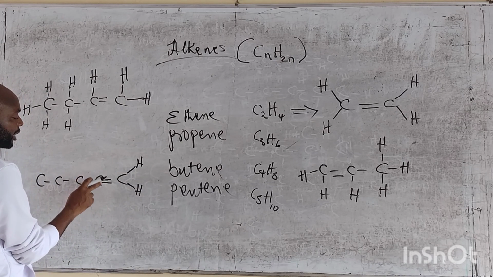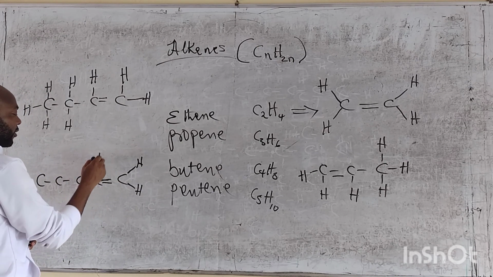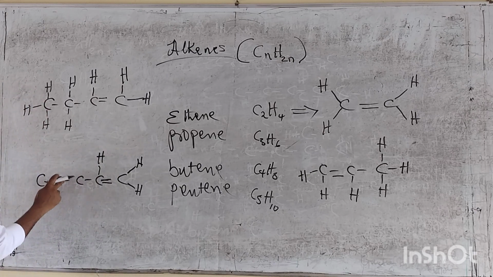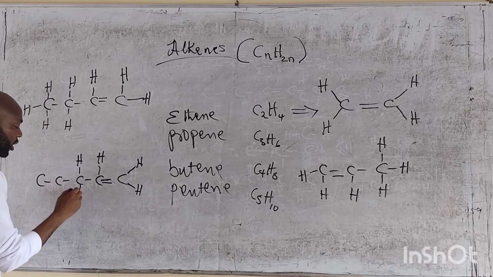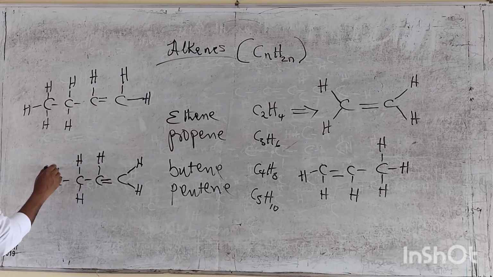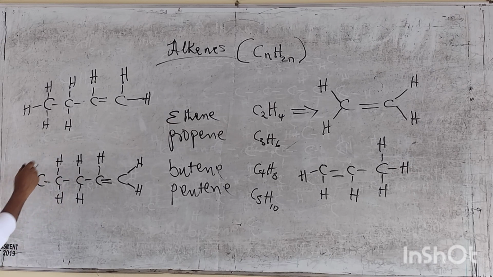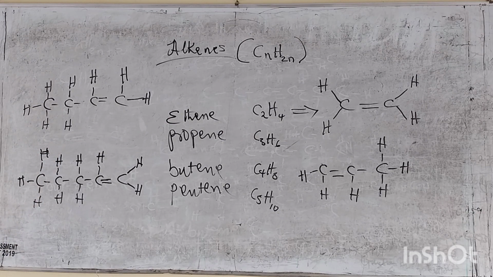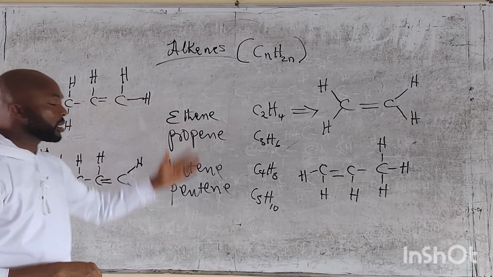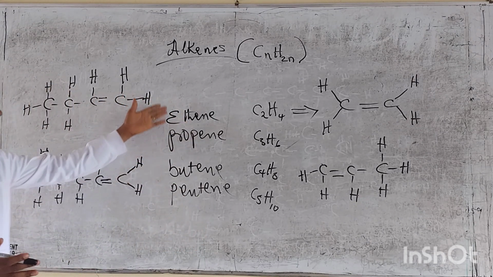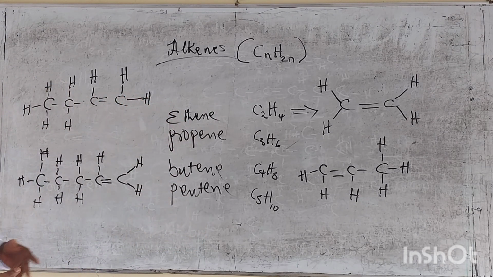This carbon here has 1, 2, 3. I put 1 here, 4. This one has 1, 2. I put 1 and 1 here, 4. 1, 2, 3, 4. 1, 2, 3, and 4. So these are the structural formulas for the various alkenes which we have made mention of: ethene, propene, butene, and pentene.